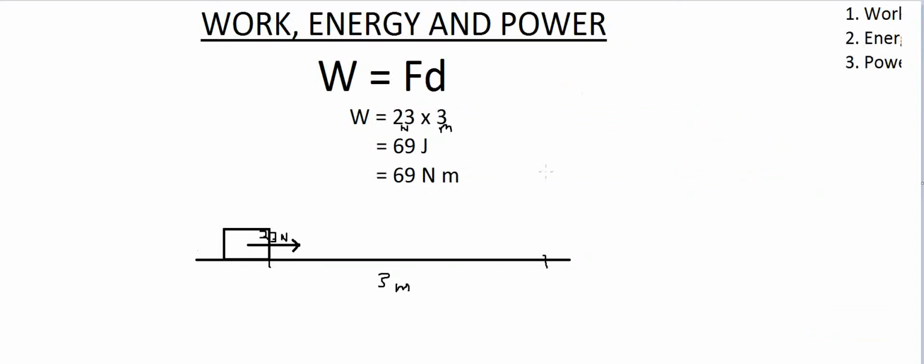Work has units of joules, and energy units are also joules. So in a way you can say work done is equal to energy.